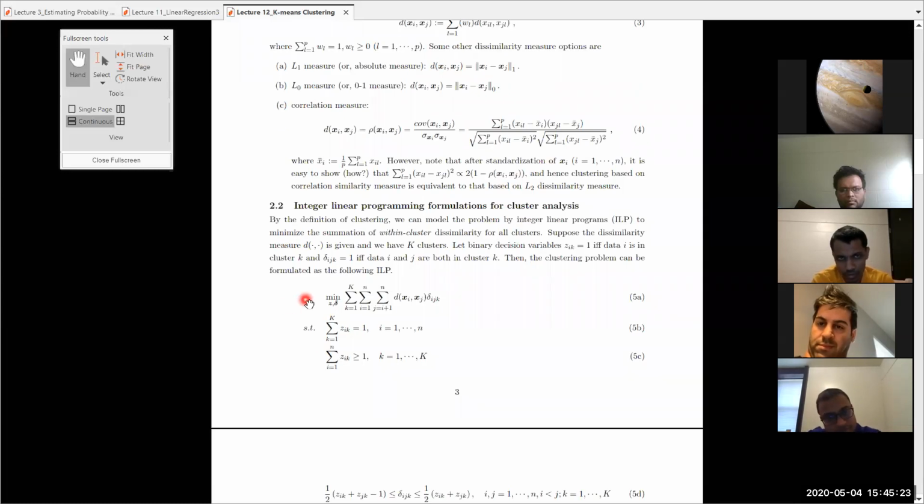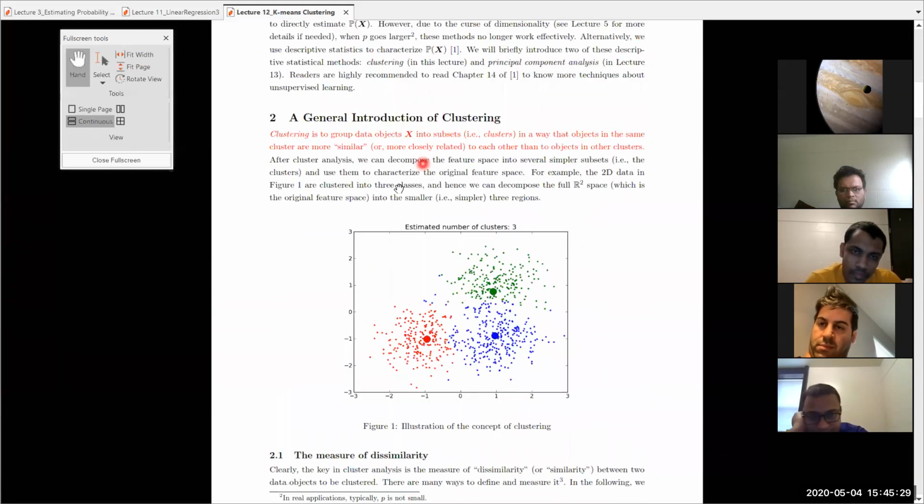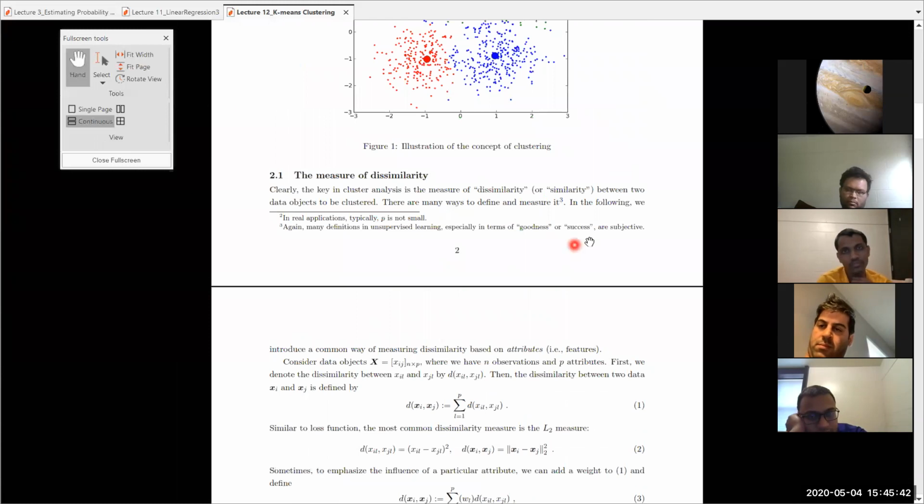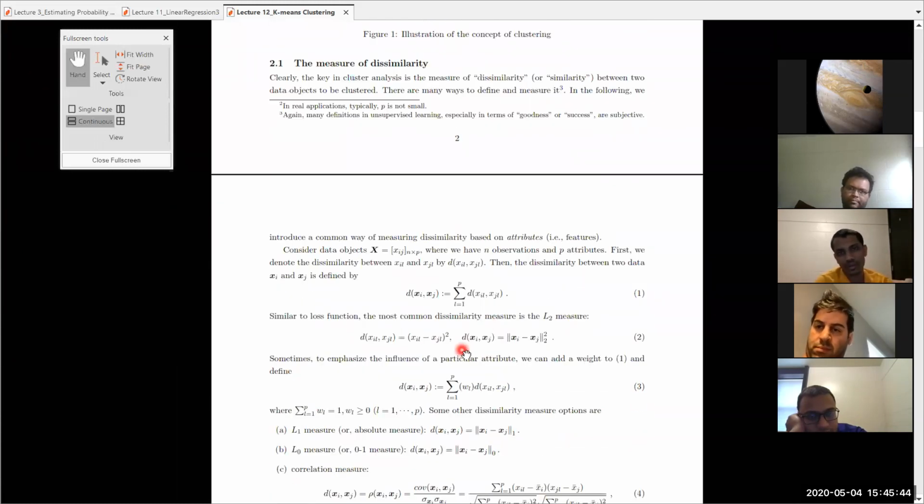Okay, so first let's have a look at the integer programs here. Remember, the purpose of clustering is to group data into subsets in a way that objects in the same clusters are more similar to each other than to objects in other clusters. Now we've already had the dissimilarity measure, which is d(xi, xj). Suppose this is known.